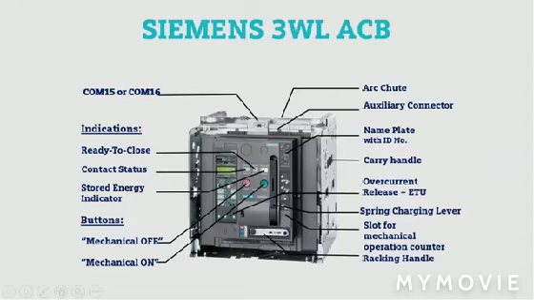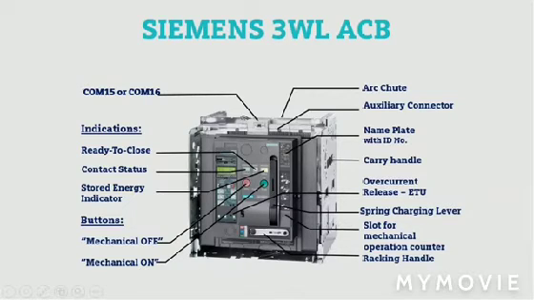Then here you get the electronic trip unit for the configuration of this ACB. Here the LCD display will give you technical information. On the upper side we have the communication port, where Profibus or Modbus communication is possible for higher level integration. At the back side is the arc chute, and here is the auxiliary contact.